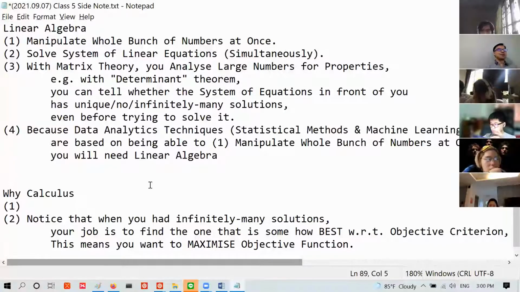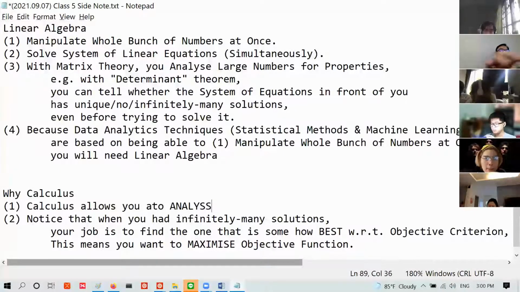But I'm not going to talk about it yet. I'm talking about rate of change. So what's calculus? Calculus allows you to analyze how a quantity changes.